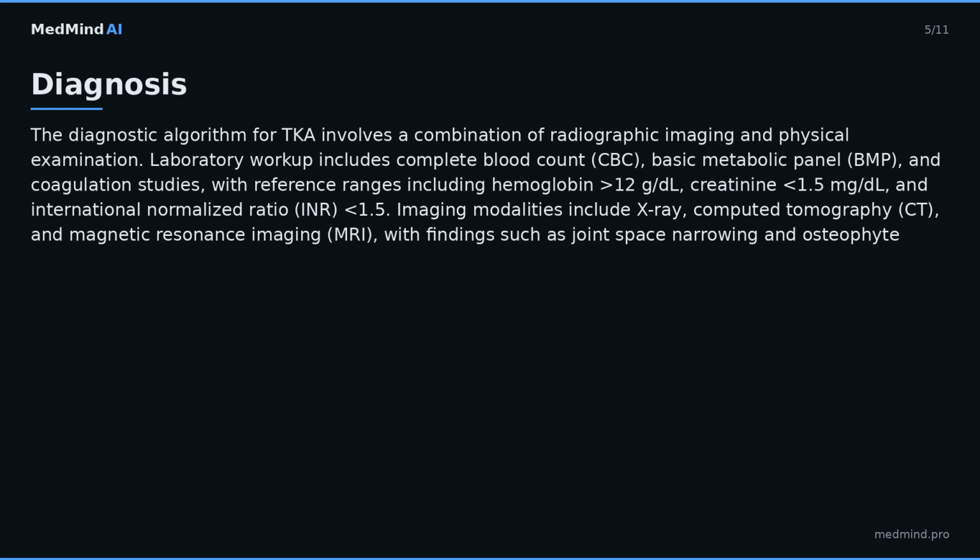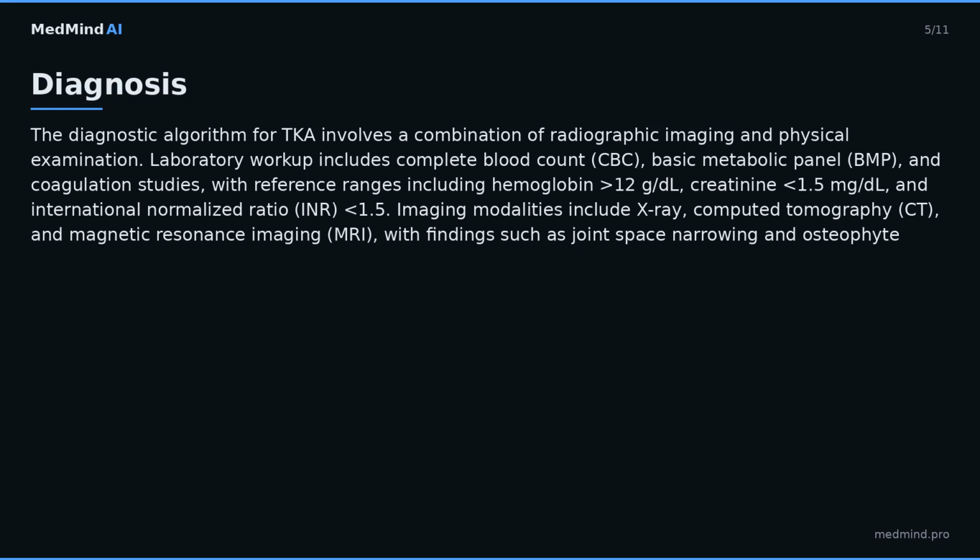Imaging modalities include X-ray, computed tomography, CT, and magnetic resonance imaging, MRI, with findings such as joint space narrowing and osteophyte formation. Validated scoring systems, such as the KSS, can be used to assess knee function and pain.